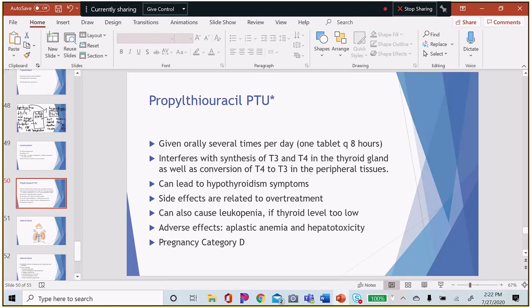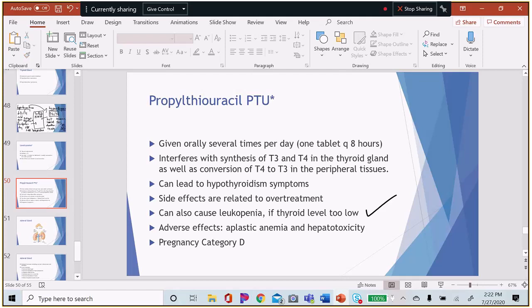So if you give too much PTU and you're interfering with the synthesis of thyroid hormone so much so that there isn't enough, then they're going to have the symptoms they would have if they had hypothyroidism, like being cold, gaining weight, constipation, dry skin, depression, fatigue, those things.